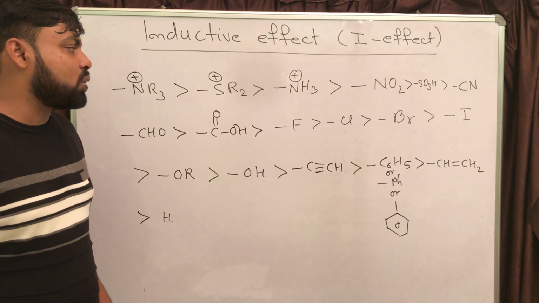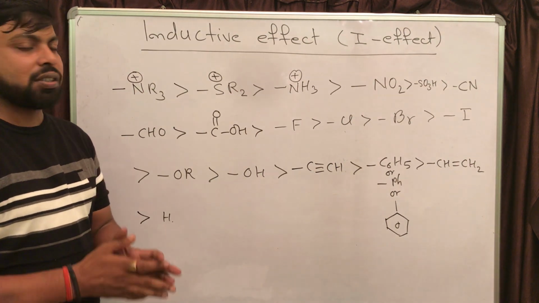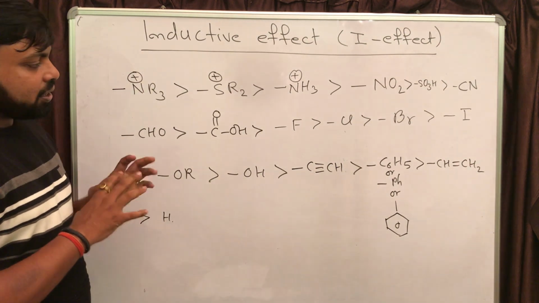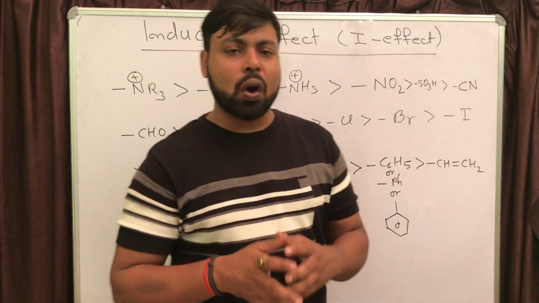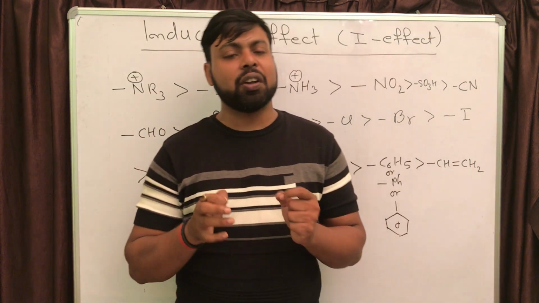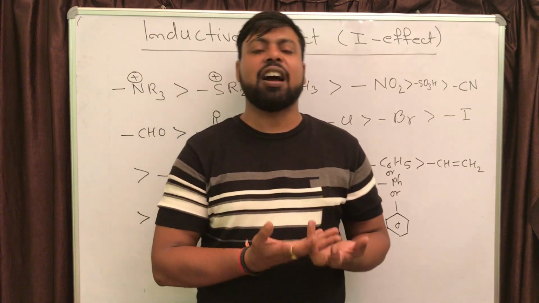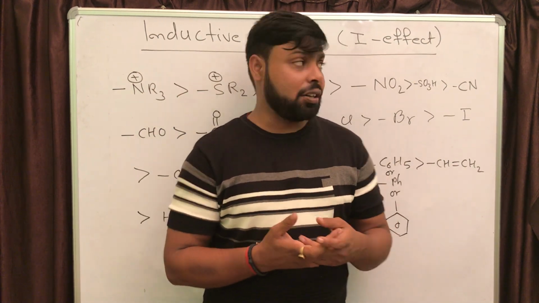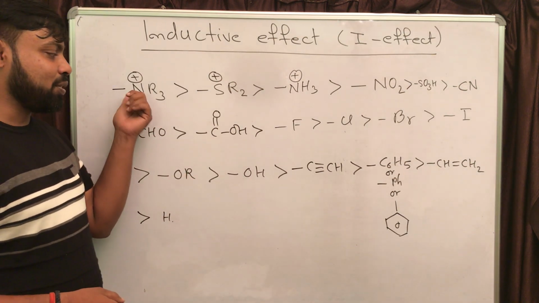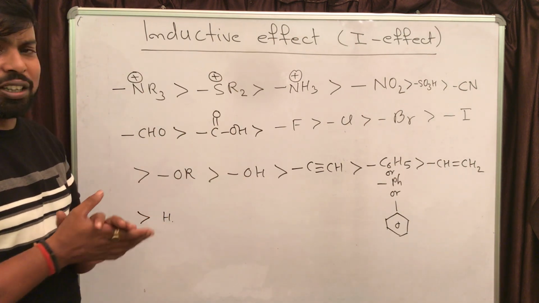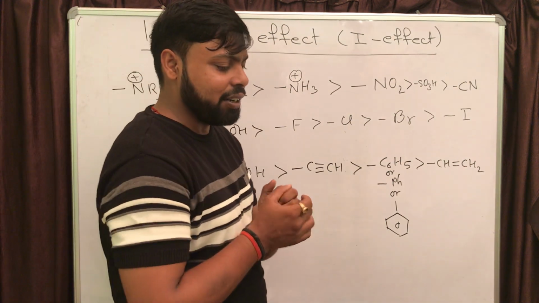And one thing I also want to say is that this series is not purely based on the electronegativity of the atom which is directly attached to the carbon chain. You cannot say that nitrogen electronegativity is more than other atoms. No, that is not actually happening.